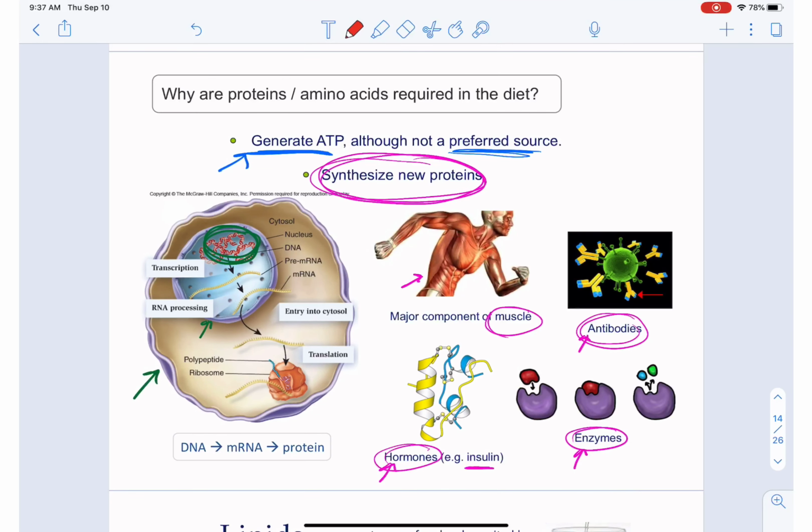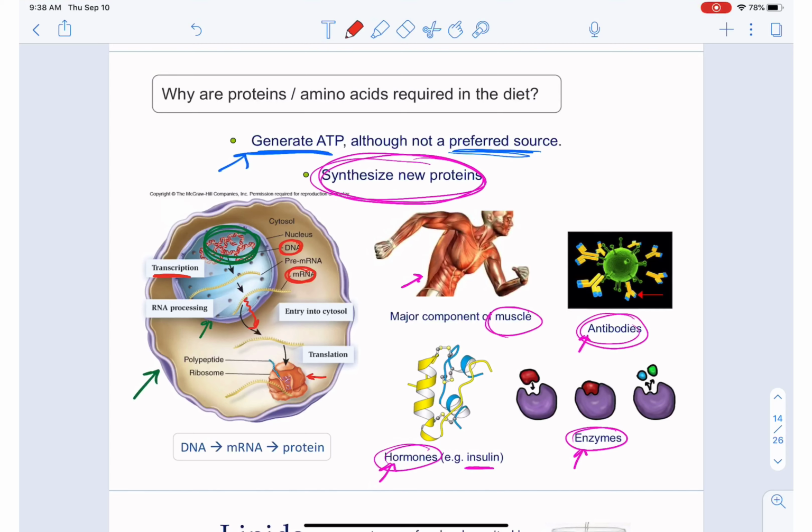So when we want to make a protein, we have to go through two processes. Collectively, it's called gene expression. The first thing we need to do is take that gene, that DNA, and make an mRNA copy of it. That's called transcription, and that occurs in the nucleus. Then that mRNA moves into the cytoplasm, and it gets incorporated with these ribosomes and these tRNAs.